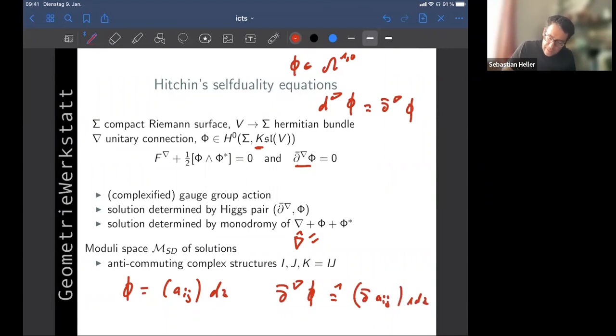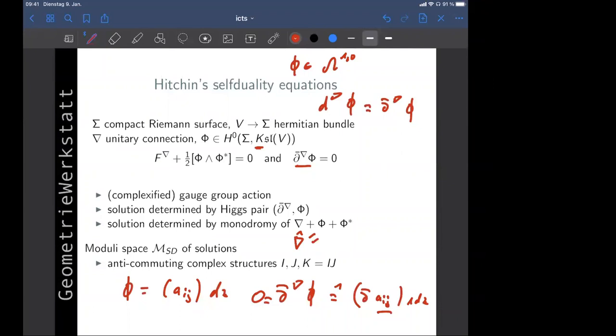So this is 0 if and only if the a_ij's are holomorphic. So with respect to a holomorphic frame and a holomorphic chart, it just means that your Higgs field phi is holomorphic. That's the equation del bar nabla phi is 0.